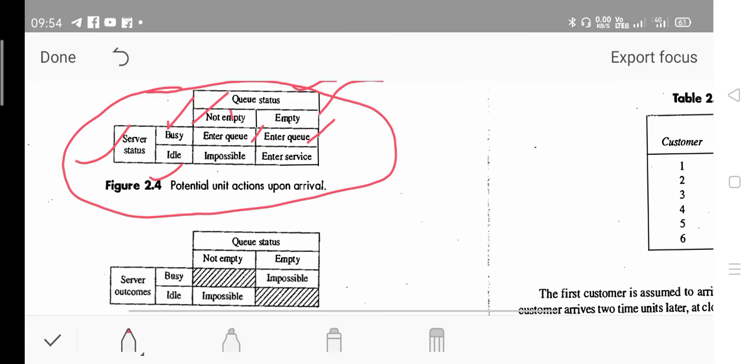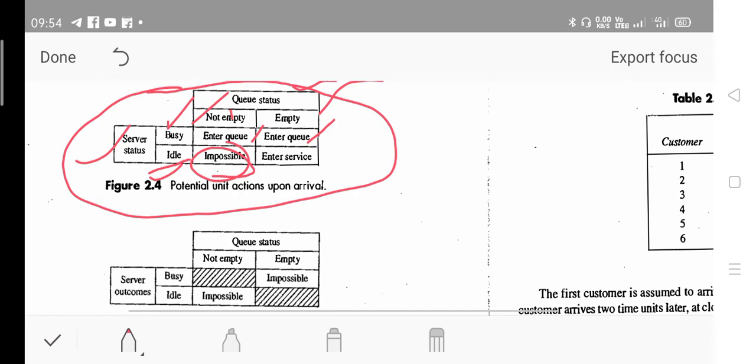Please remember, if the server is idle, then queue not empty is marked as impossible because there is no question of a queue.